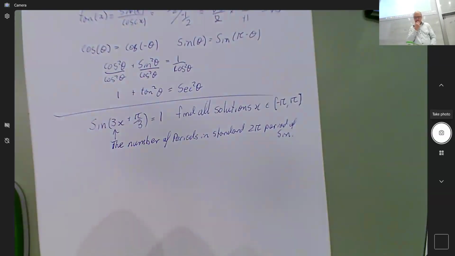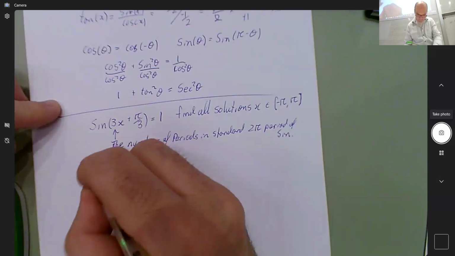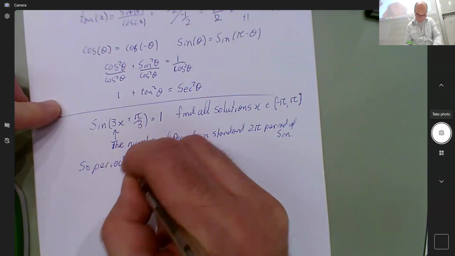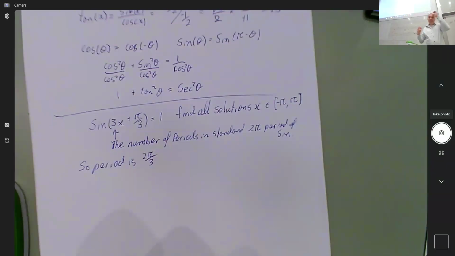So it actually means that the period of this function is 2 pi divided by 3. So you notice that reciprocal relationship between that value and the period. A lot of people make that mistake of going, makes the period 3 times as long, when it actually makes it a third.